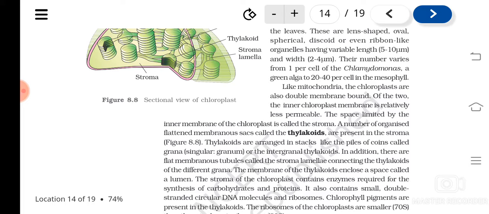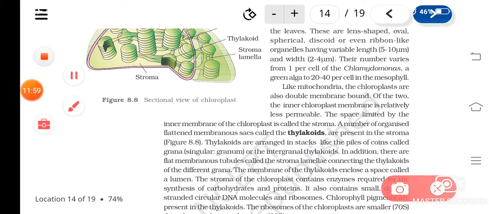The space between these two membranes is known as the periplastidial space, and the space found inside the inner membrane is known as the stroma. So what is the matrix of the chloroplast known as? It is known as the stroma. And in the stroma you can see a number of flattened membranous sac like structures called thylakoids. So what are thylakoids?